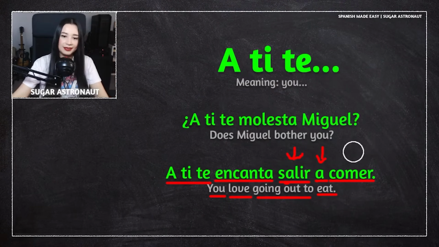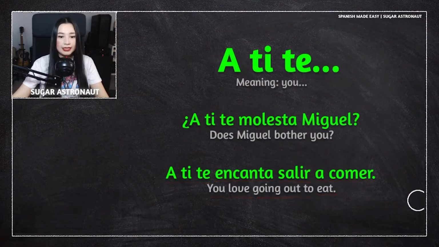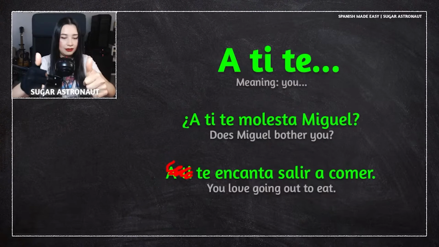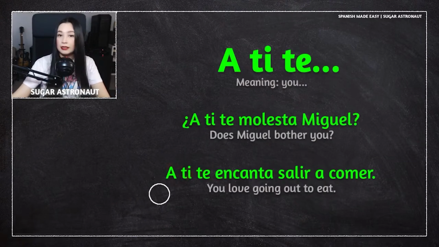Okay, so going out to, salir a, comer, eat. Excellent. So that's pretty good. And once again, you can leave it out. You can just not have it. And you can just say, te encanta salir a comer. And that's also good. But yeah, some people say this as well. You know, a ti te encanta salir a comer.